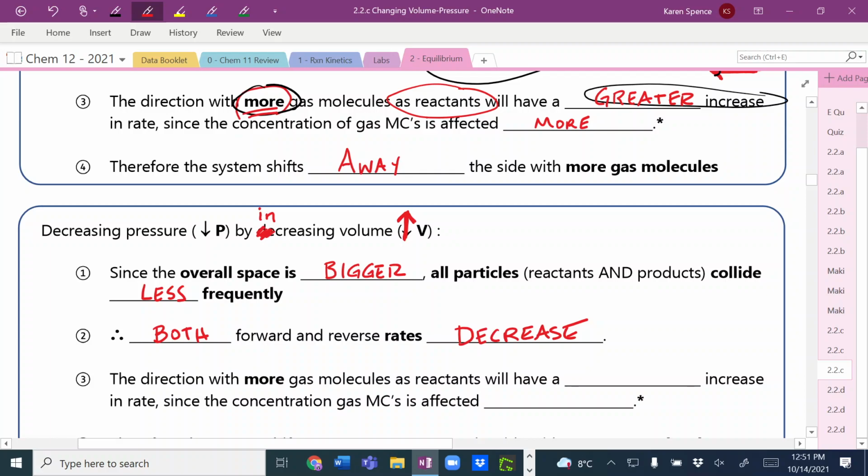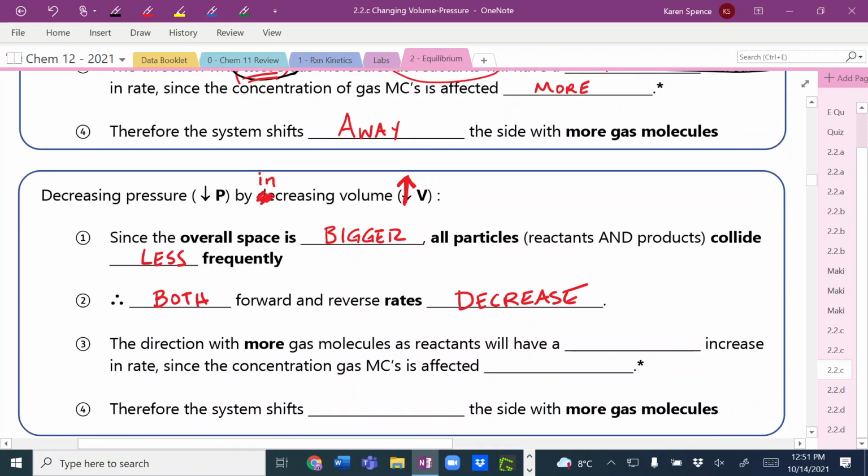The direction with more gas molecules as reactants will have a greater, and this is again where I made a mistake, it will have a greater decrease, so scribble that out and make that a decrease in rate since the concentration of gas molecules is affected more.